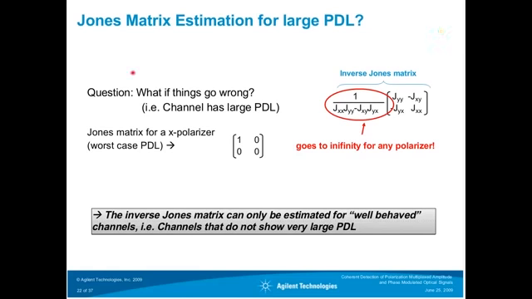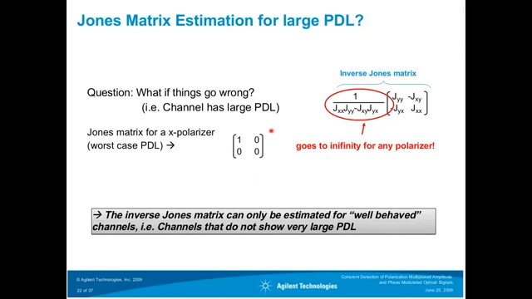channel. This is, of course, a transmission channel that's not working very well, because if there's a large PDL, then of course there's an iteration. But how does the math look for that? To make things a little easier, I've chosen an X-polarizer as the worst-case PDL. In this case, the channel matrix would look like that. We have only a 1, so only the X polarization is preserved from the sent-out signal.